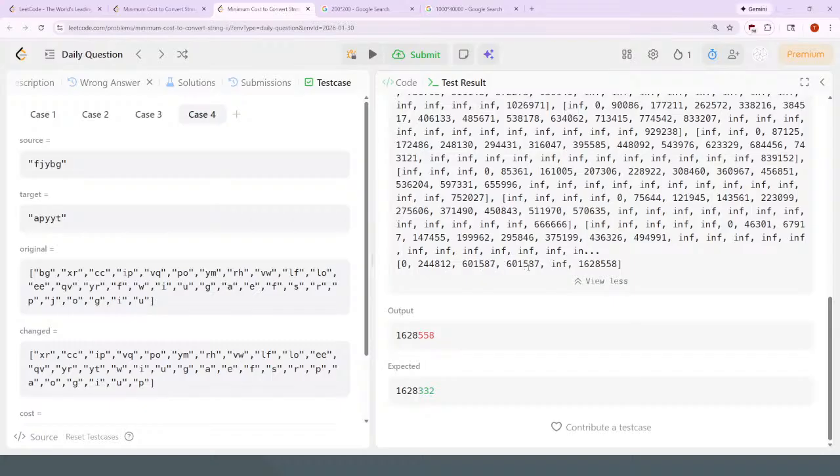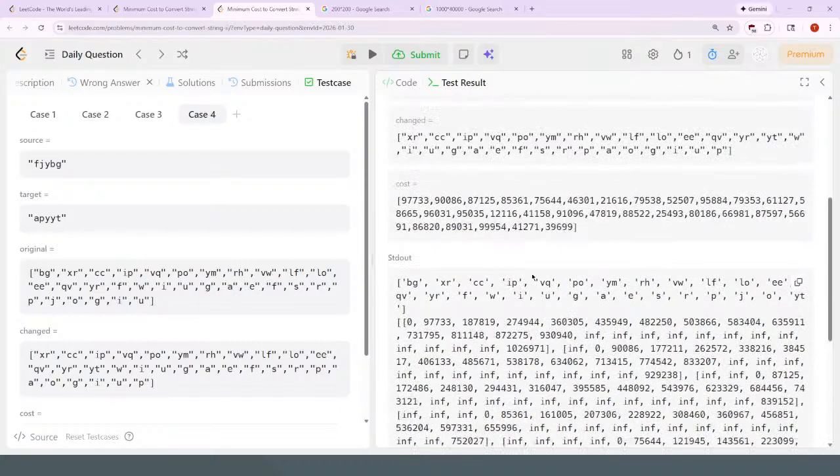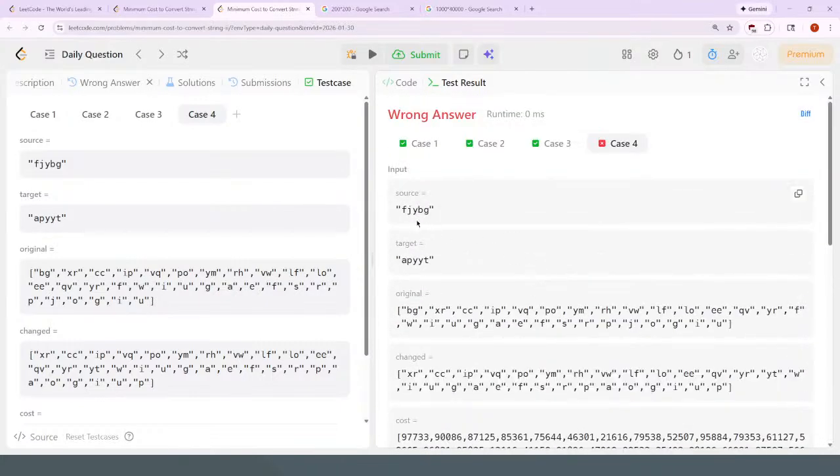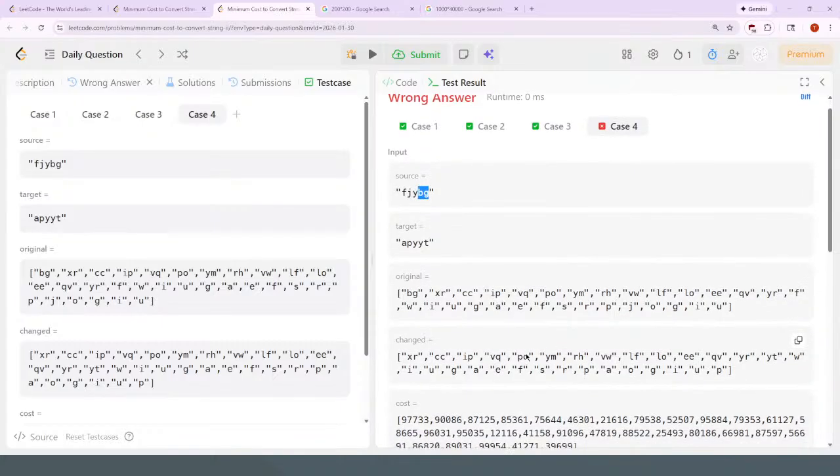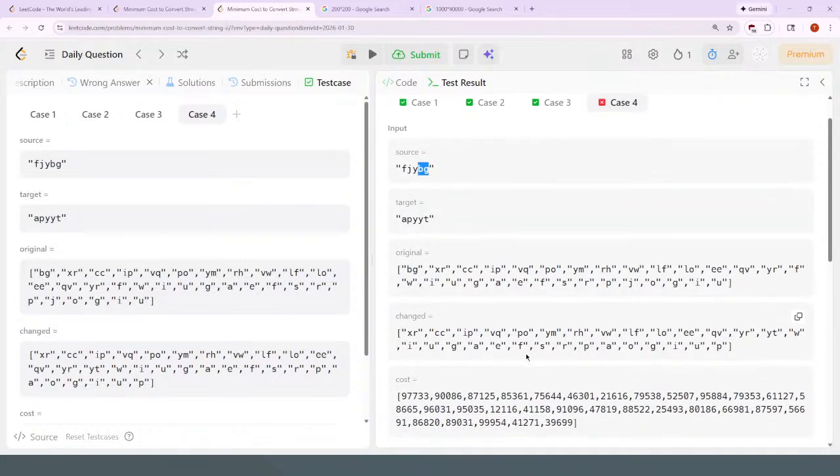So looks like maybe the third letters were the same. Yeah, the Y became a Y. So basically, it was FJ to AP in some fashion, then BG to YT in some fashion. BG to YT. BG was in the original, YT is in there. So it looks like it'd be interesting.